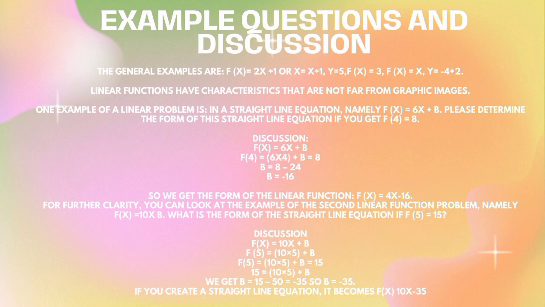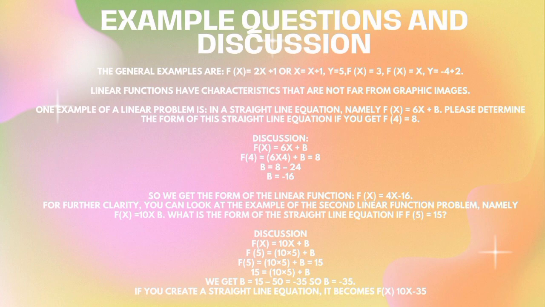One example of a linear problem is in a straight line equation, namely fx is 6x plus b. Please determine the form of this straight line equation if you get f4 is 8.